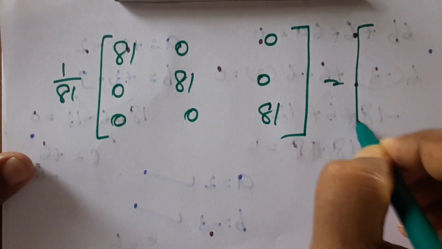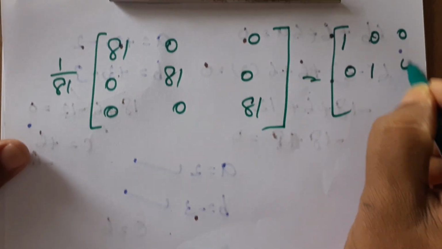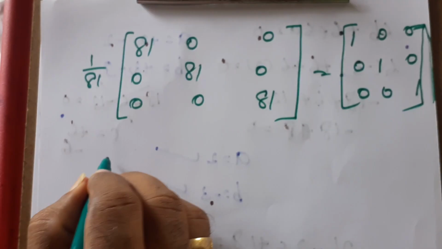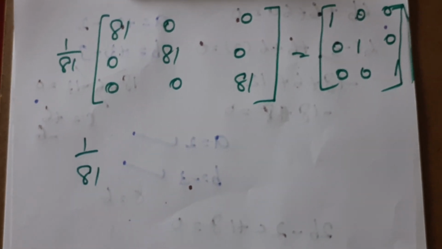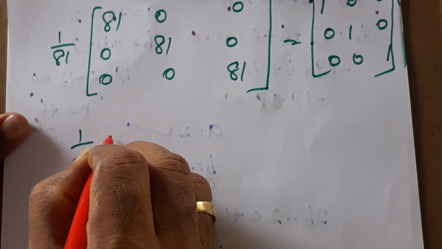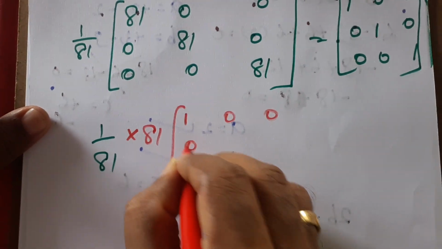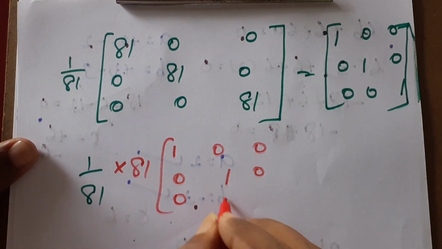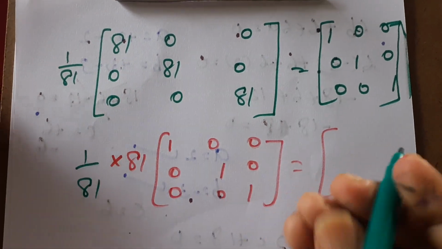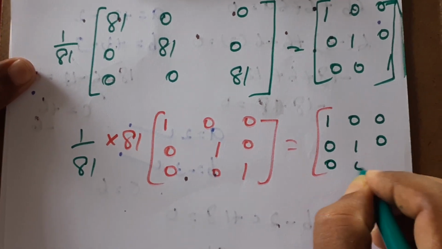This whole term will be equal to the 3 into 3 matrix set 1 0 0, 0 1 0, 0 0 1. If I take the 1 by 81 inside the 3 into 3 matrix, what is the common term? 81 is common. Taking it outside, we get 1 0 0, 0 1 0, 0 0 1.